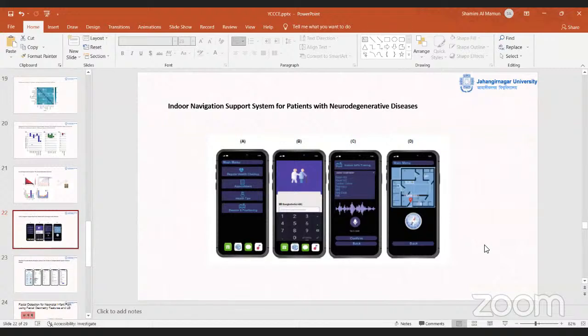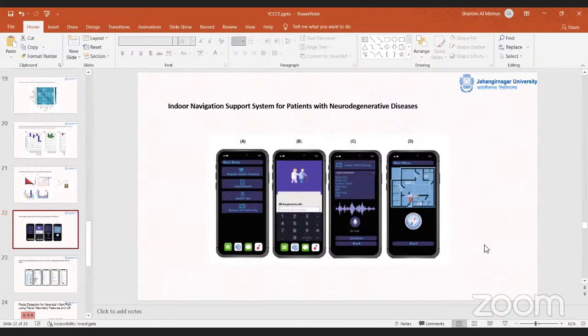Also, mobile apps are here. Various kinds of apps are supporting patients. This is another of our works that has been accepted: a project on an indoor navigation support system for patients with neurodegenerative diseases, for falls, or finding indoor rooms, or finding patients in the hospital premises.